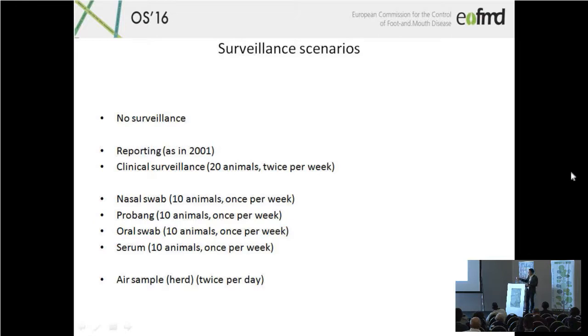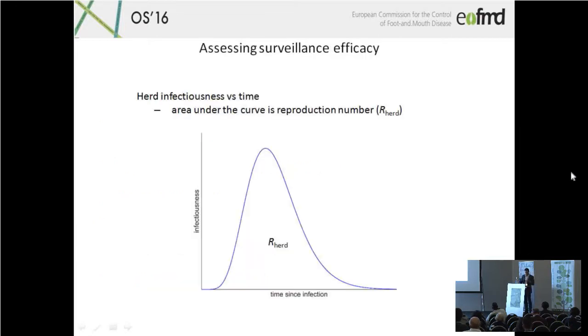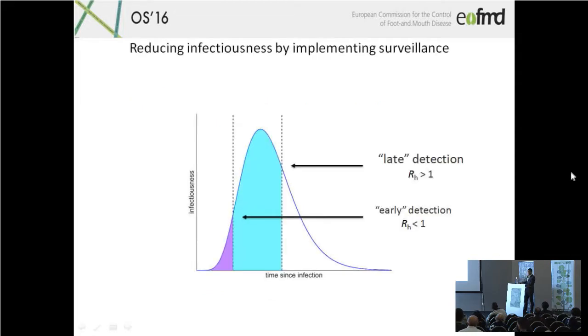I will explain the results and the scenarios we checked, but first I go back a bit to what the model is doing. The model is expressing the prevalence of infectious output during an epidemic. And we express this infectious output as the reproduction ratio, or the transmission potential of an infected farm to infect other farms. What we want to do is be early.